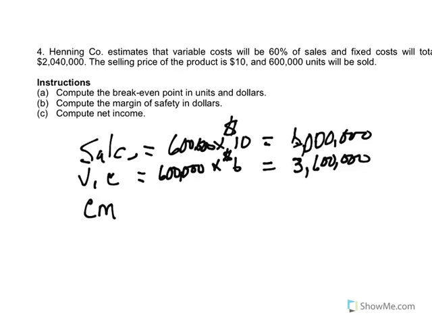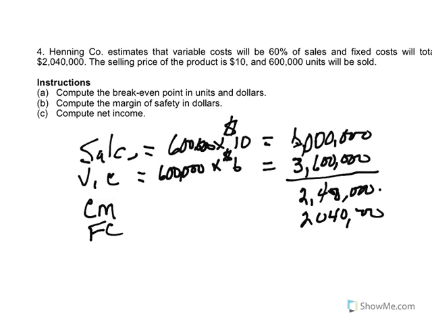Contribution margin is the difference between these two, which would be $2,400,000. And the fixed cost, $2,040,000. Net income then would be equal to $360,000.